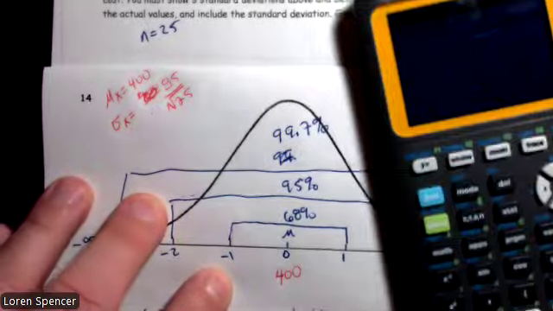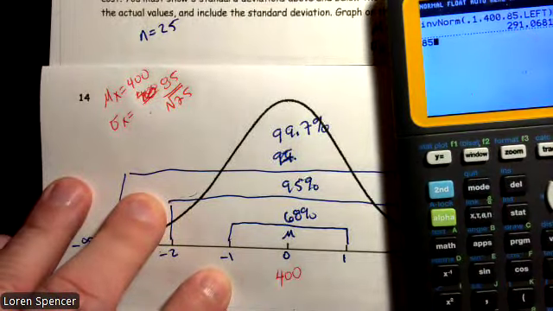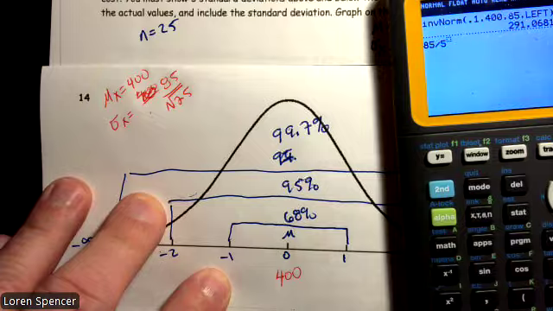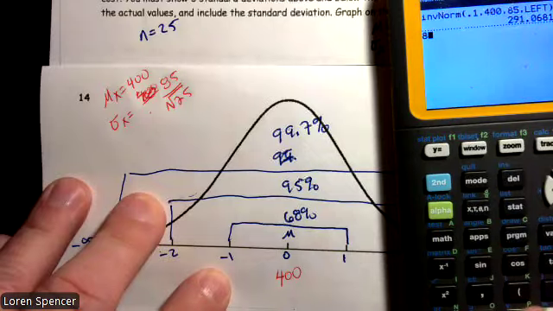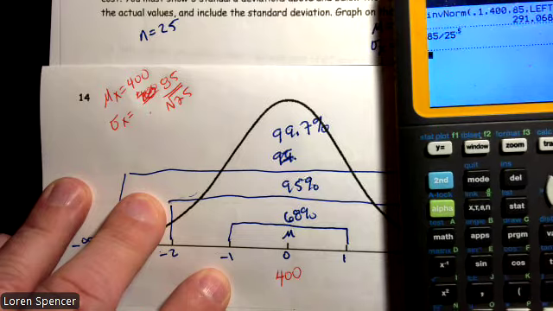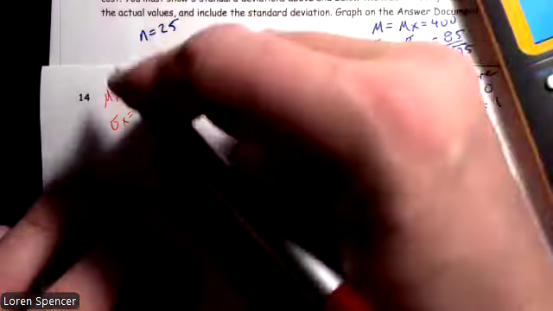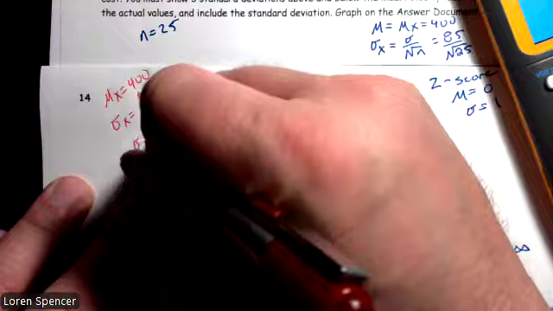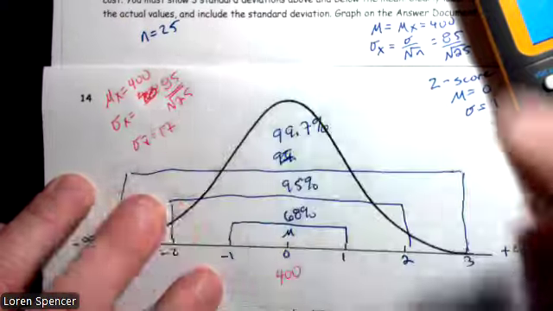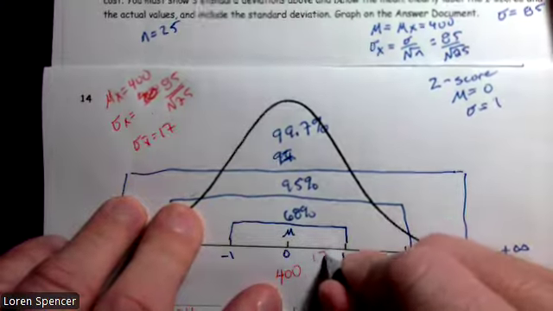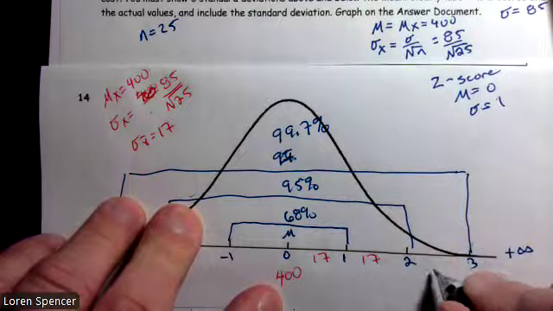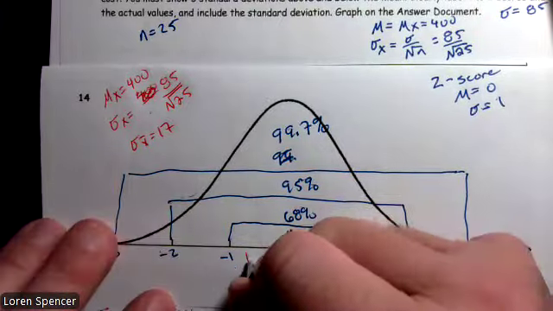Well, let's take our calculator and do that real quickly. 85 divided by 25 raised to the half power gives me 17. So the standard deviation of X bar equals 17.